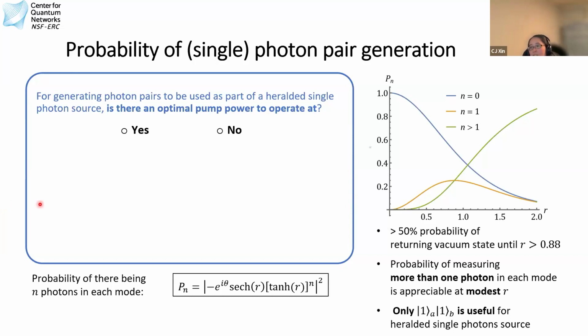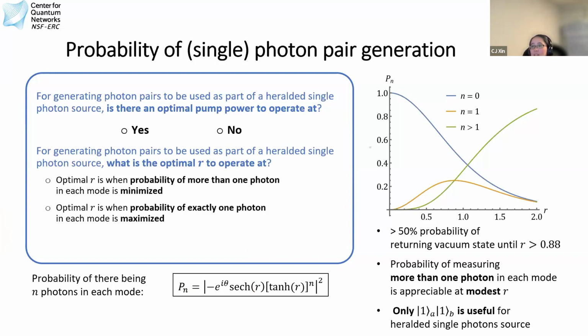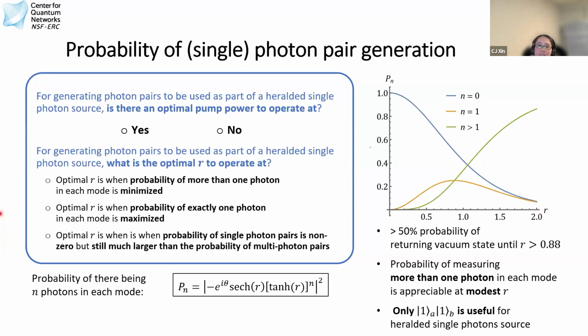Yes or no? And the next question is, for generating photon pairs to be used as part of a heralded single photon source, what is the optimal r squeezing parameter to operate at? You can just read the options, and I will launch the poll right about now.